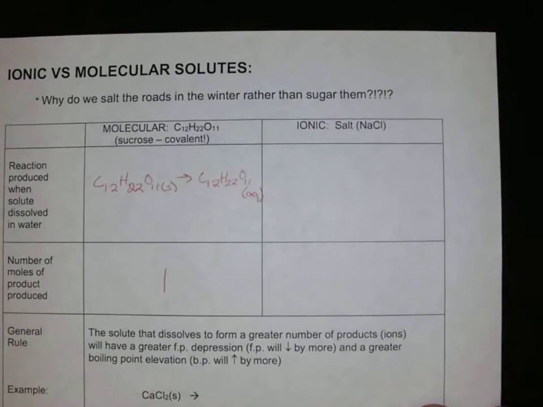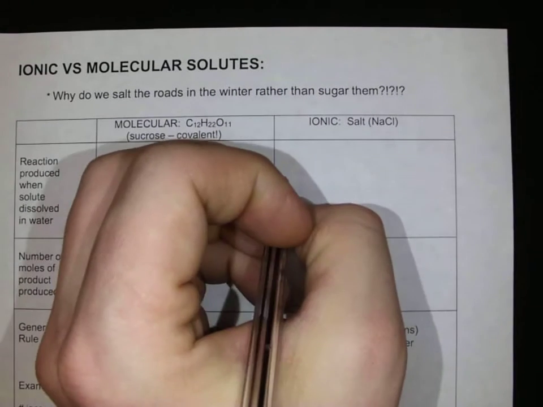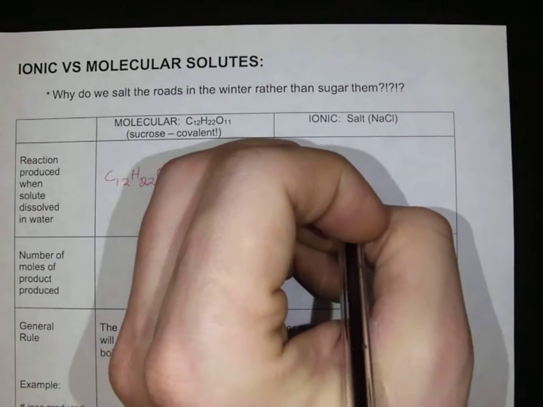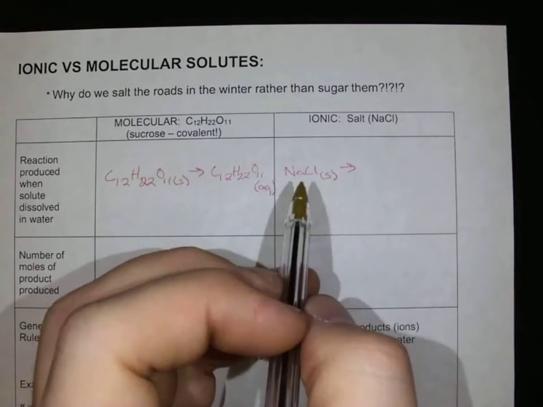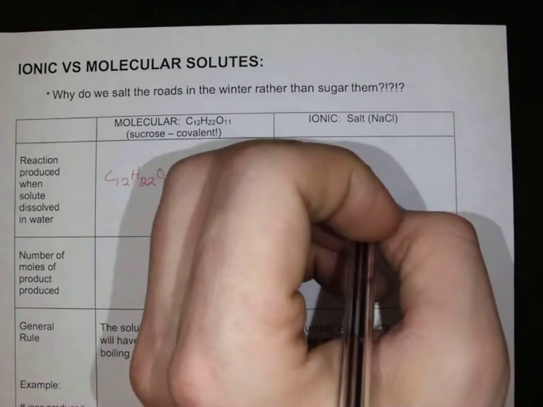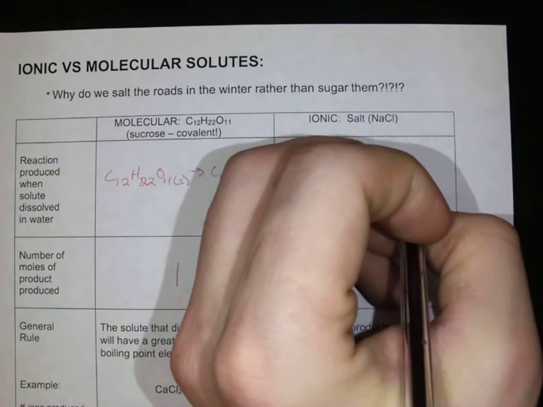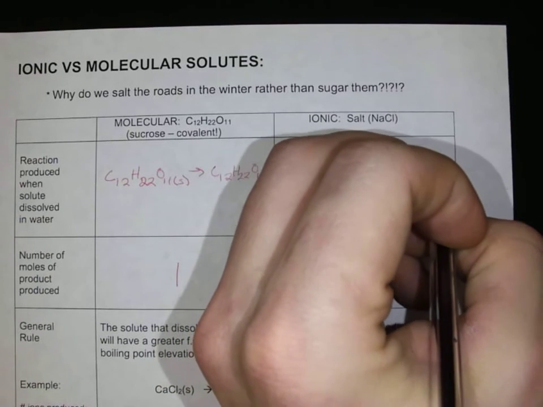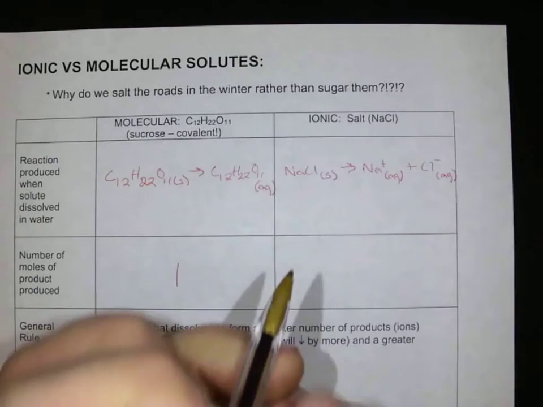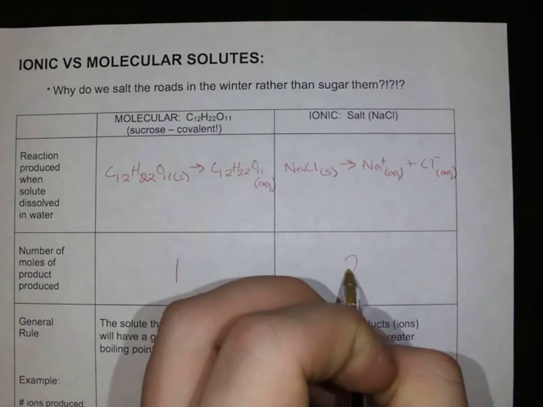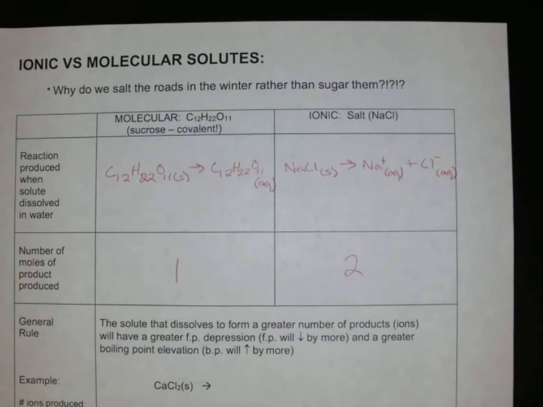Now let's think about our salt. Our salt is NaCl. It starts as a solid, and if I throw it into water, our ions are going to separate. So we're going to have Na plus aqueous and Cl minus aqueous. Now I have 2 ions in my product. I have 2 moles of my product.